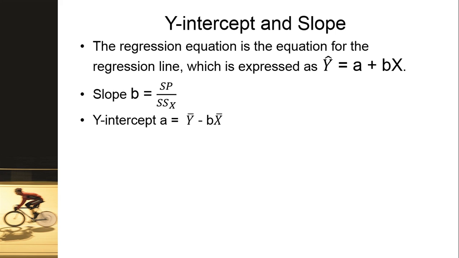So even if you don't have SPSS, you can still use Excel to calculate the SP, which is the summation of parentheses x minus x bar times parentheses y minus y bar. And the sum of squares of x is the summation of parentheses x minus x bar squared. And x bar and y bar here are just the means of your variable x and your variable y.